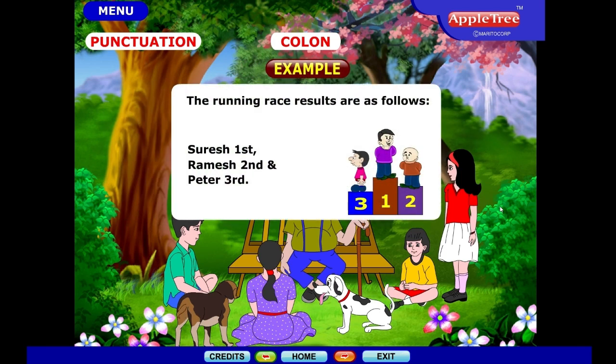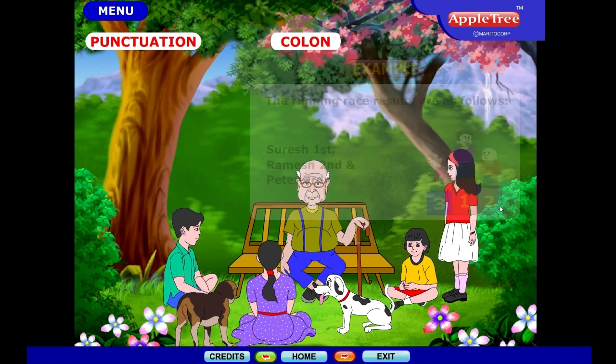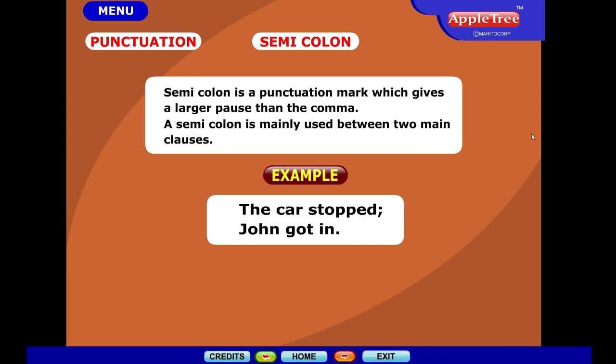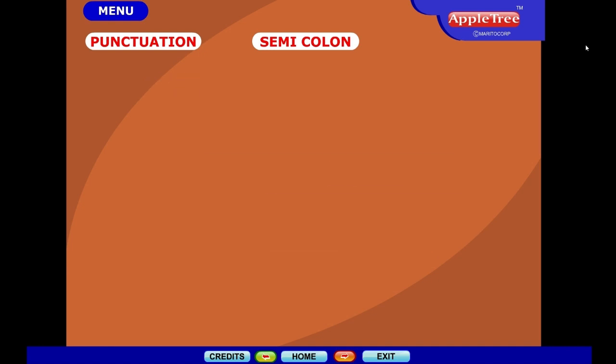Example: The running race results are as follows: Suresh first, Ramesh second, and Peter third. Semicolon is a punctuation mark which gives a larger pause than the comma. A semicolon is mainly used between 2 main clauses. Example: The car stopped; John got in.